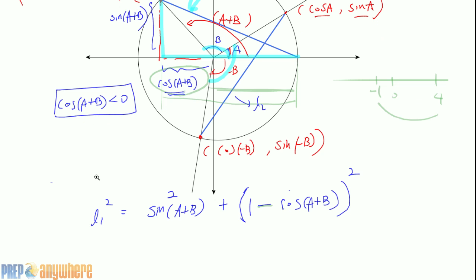Now, for line 2 squared, that's that height and this distance, right?